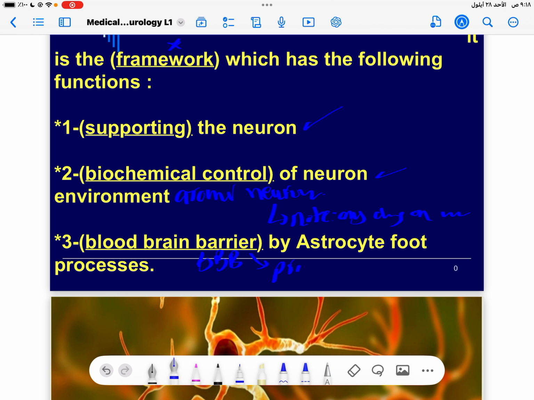And it depends. For example, if you give a certain medication, and that medication will affect the central nervous system, it depends whether it can pass the blood-brain barrier or not.